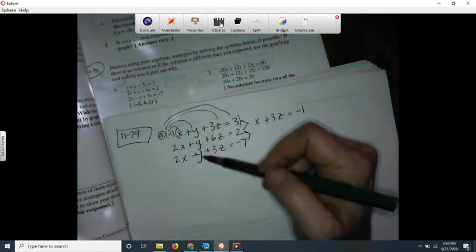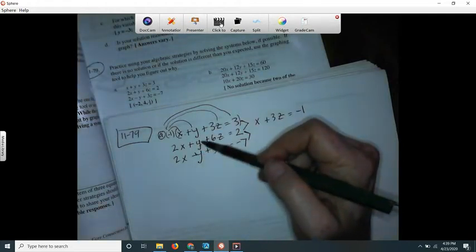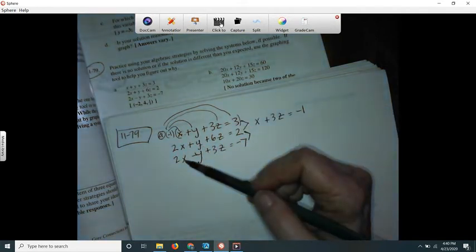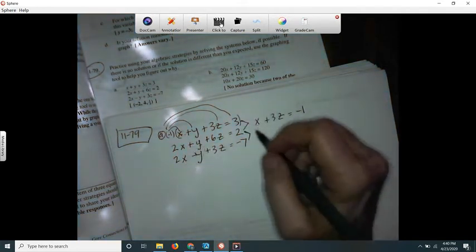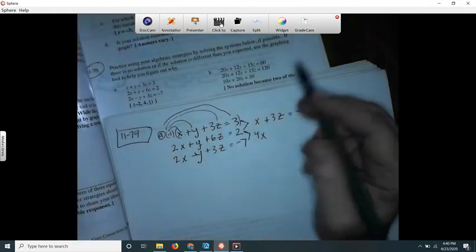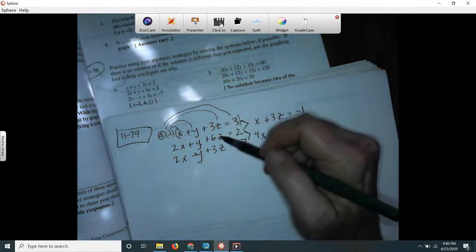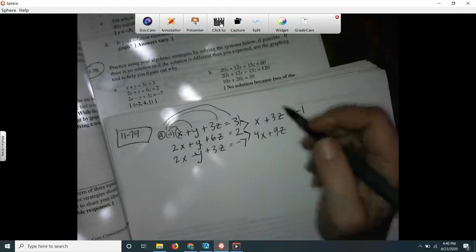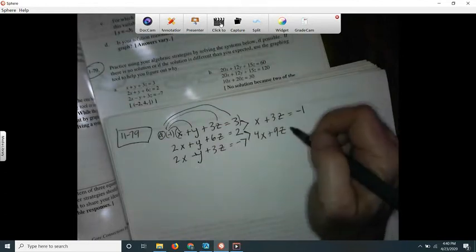It'll be very easy to eliminate y here. All I have to do is just add the equations together. 2x plus 2x is 4x. Y plus -y is nothing. 6z plus 3z is 9z. And 2 plus -7 is -5.